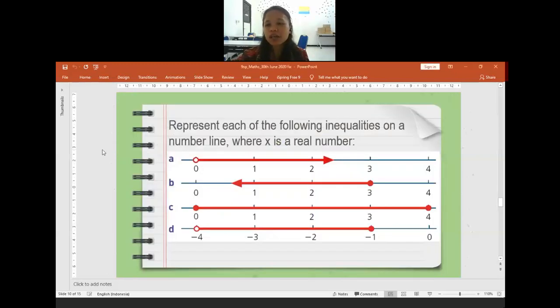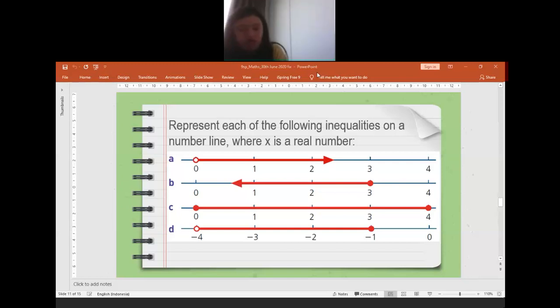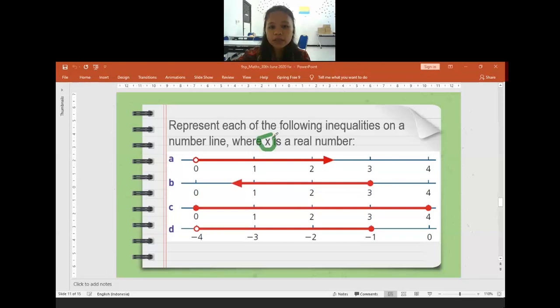Question 3. Now I already have the number line. We have to write the inequality. What inequality do we have to write for question 3a? We write the x first. The first thing we have to write is the x because this is where x is a real number. Then you look at the arrow.